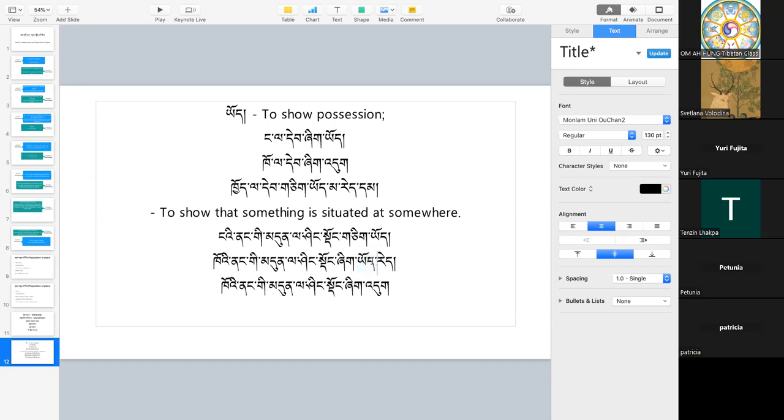But then the other thing here is that that's not only the case. You may see that in these two cases, it's the same case. It's showing the situation of something, that is the tree in front of the house. And then we are still using the same rule. So why is it that we don't use the same rule here?